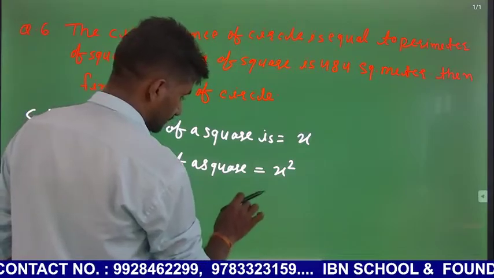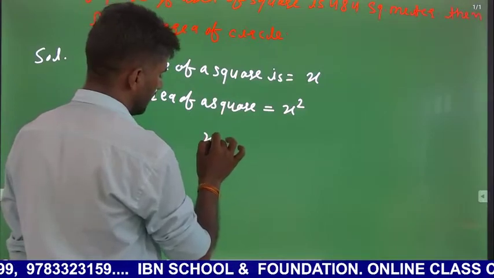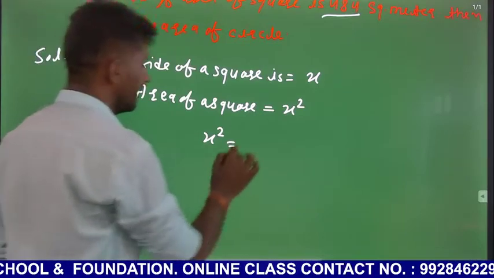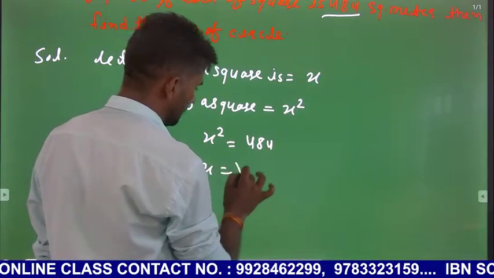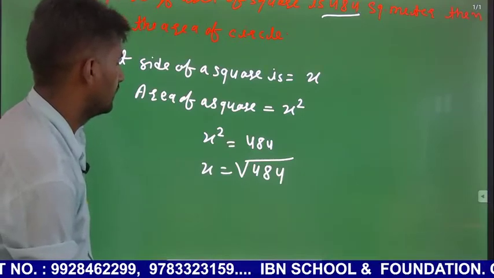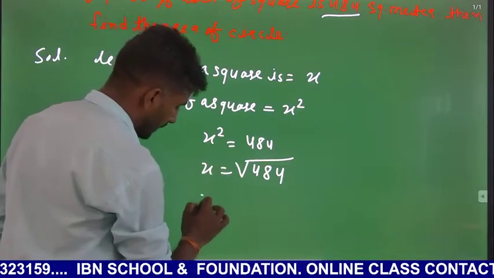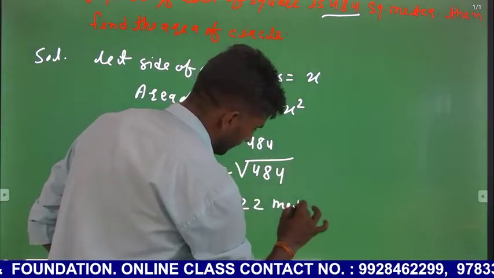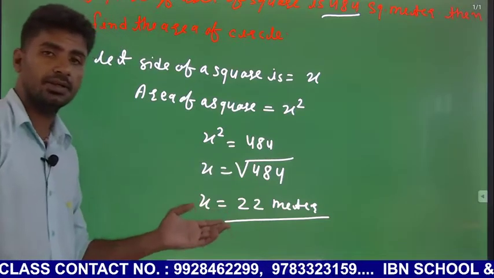Now put x square is equal to 484 square meter. That means x is equal to the square root of 484, which is 22. So 22 meter is the side of the square.